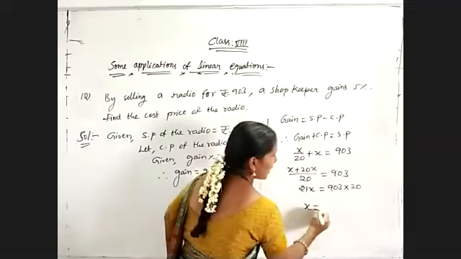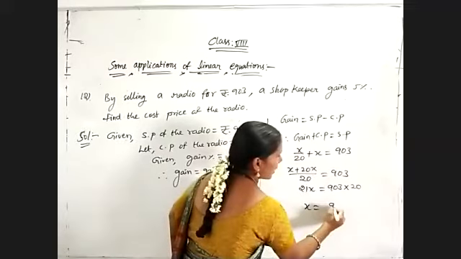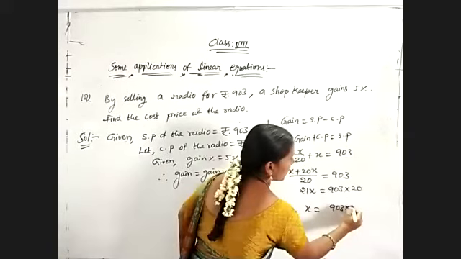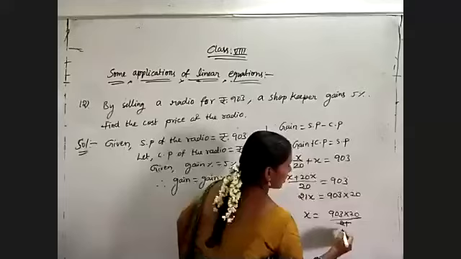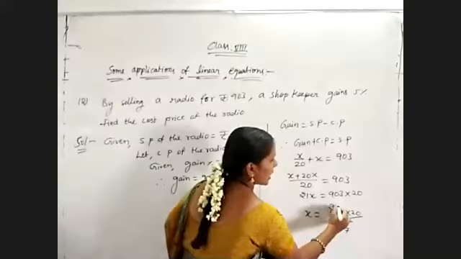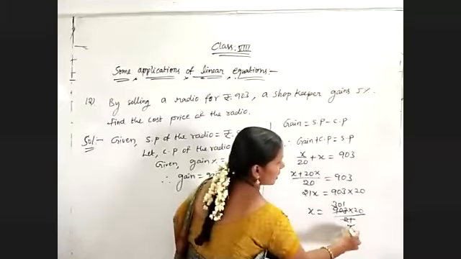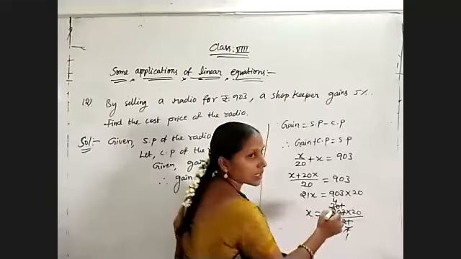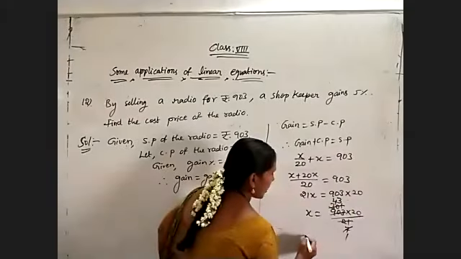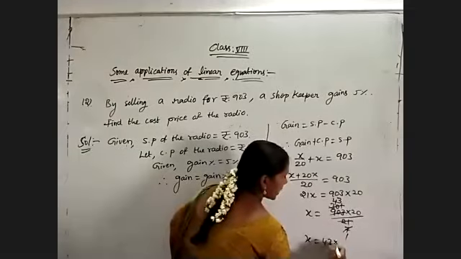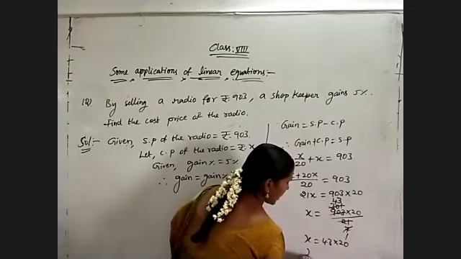Then x will be equal to 903 into 20 by 21. 3 7s are 21, 3 3s are 9, 3 1s are 3, 7 1s are 7, 7 4s are 28 and 21, 7 3s are 21. So x is equal to 43 into 20. That is nothing but x is equal to rupees, 2 3s are 6, 2 4s are 8, 860.